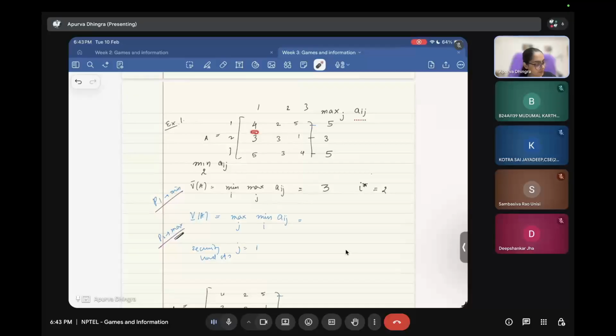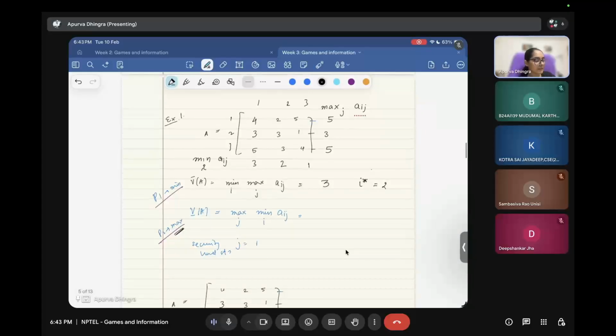So he's minimizing between these 3, which gives me 3 here, 2 here and 1 here. And ultimately he wants to choose the best of the available options. For him the best would be maximizing these. So he would take a maxima over 3, 2 and 1, which gives him 3. And he got that for j star, the column equal to 1.